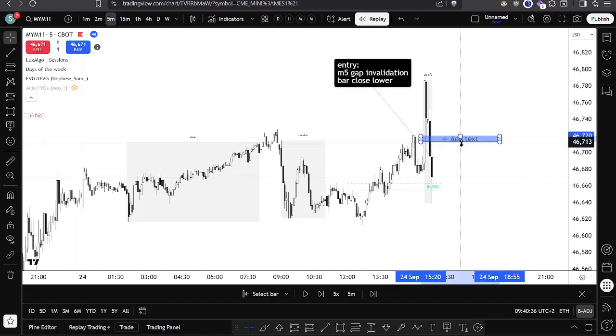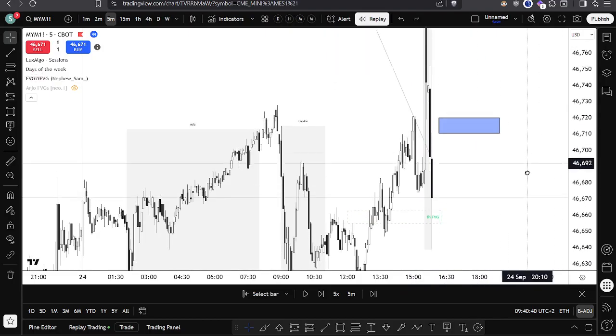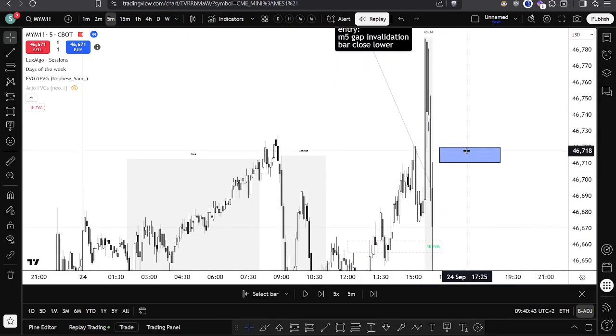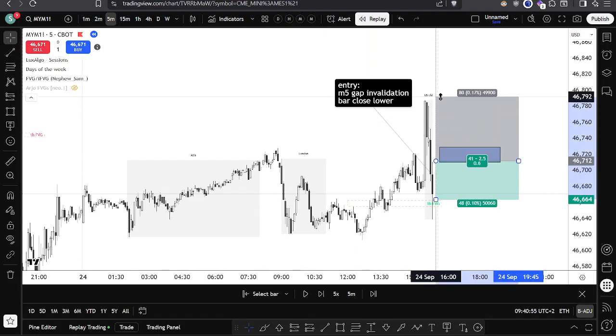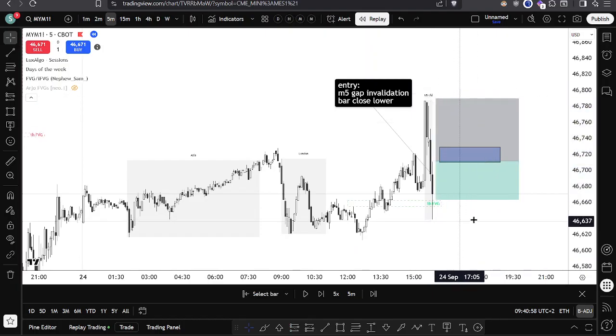So perhaps in this case, I should have done it like this. The newly formed gap, right? Perhaps should have entered on a limit here for a way better R. It's easy to say afterwards, right? So in that case, it's futures, so whatever.